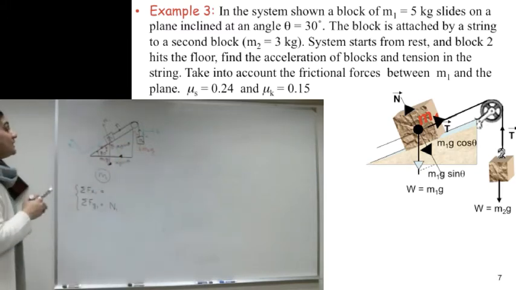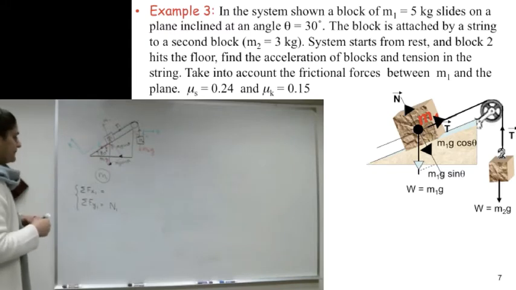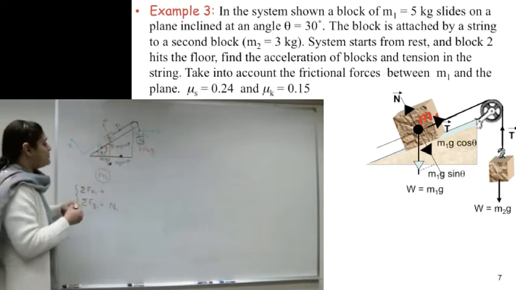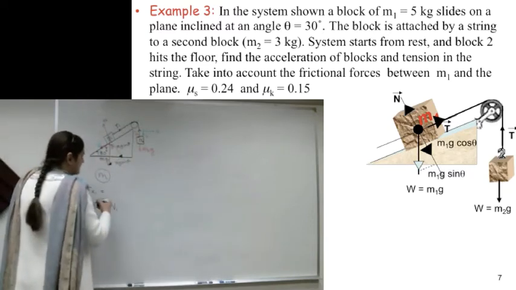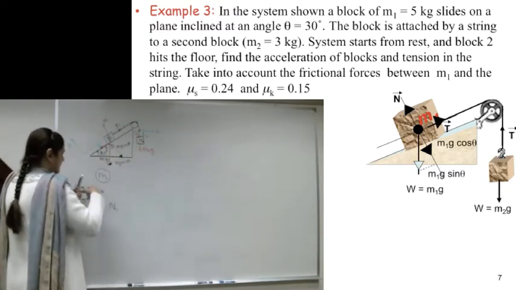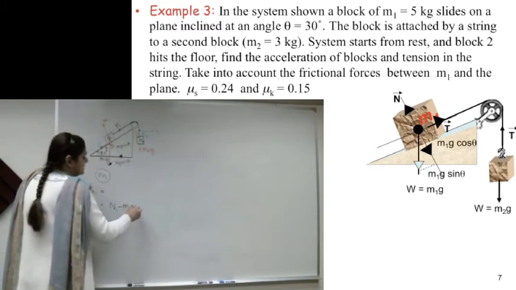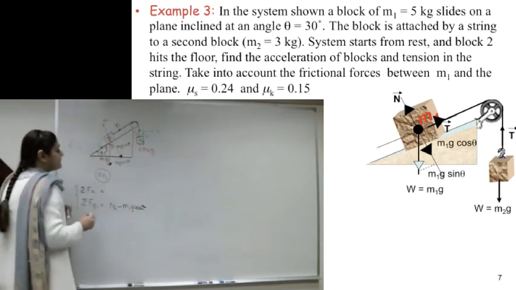Okay, so these are all the forces that I have for M1. So F1y will actually be the component of M1G for this, which means it's going to be minus M1G cosine theta, right?